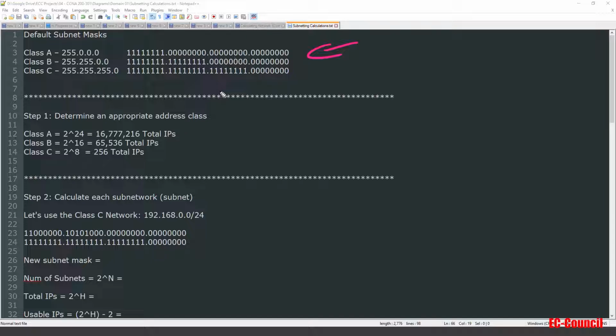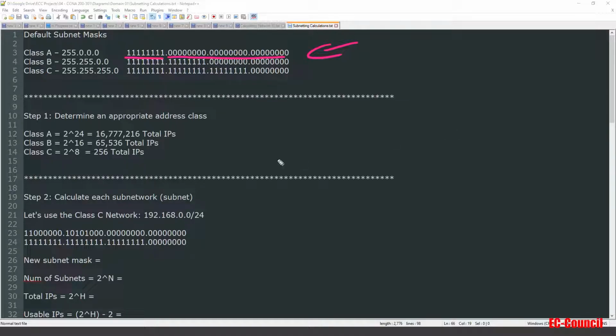So to put it simply, where the ones are located in the subnet mask, that simply indicates the network portion of the actual IP address. The zeros indicate the host portion of the IP address. So for example, a Class A subnet contains 8 bits, or the first entire octet represents the network portion of the address, while the other 3 octets, the second, third, and fourth octet, represent the host portion, which is interchangeable.